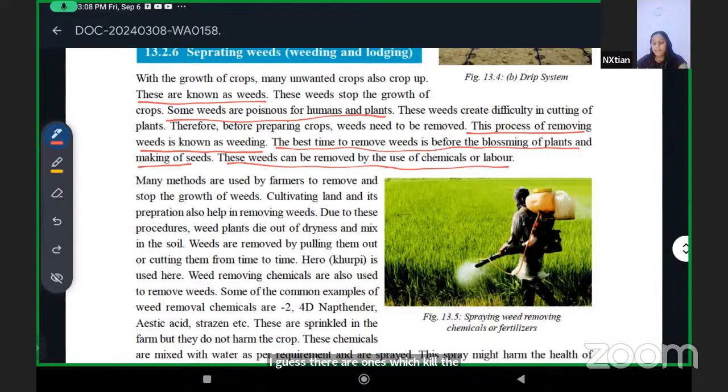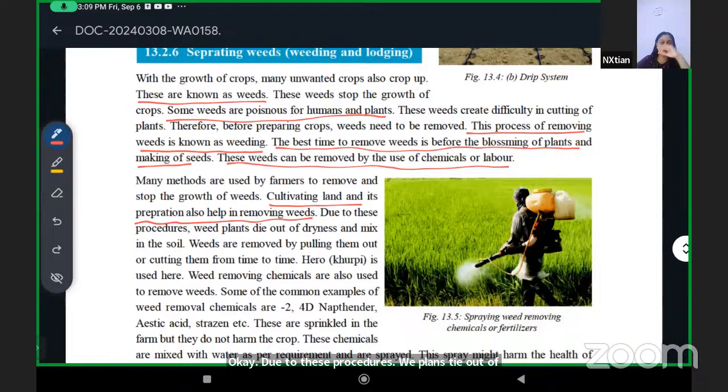Now, many methods are used by farmers to remove and stop the growth of weeds. Cultivating land and its preparation also helps in removing the weeds. We studied cultivating land and the preparation of land and soil. Due to these procedures, weed plants die out of dryness and mix in the soil.